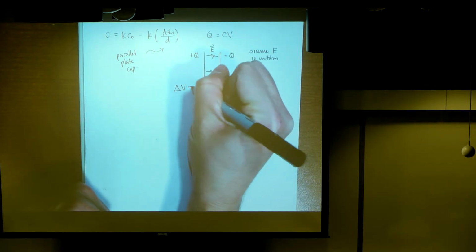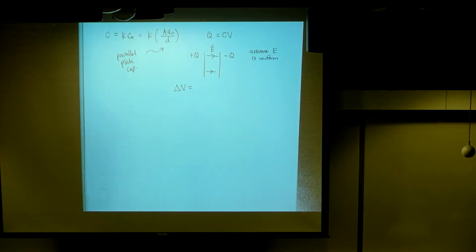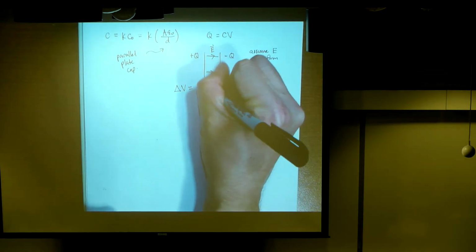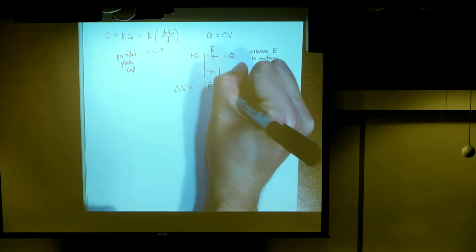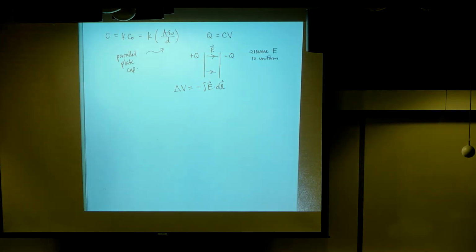Well, if you recall, delta V, the potential difference between 2 points, is given by minus E dot dl, integrated over some path. So I'm just going to use that idea here. I want to know the potential difference between the two plates. So if I integrate over the E field in between the two plates, from one plate to the other, I should be able to get the potential difference I want, okay?